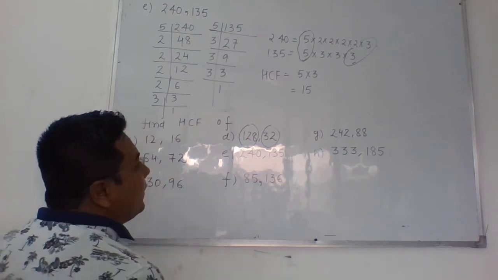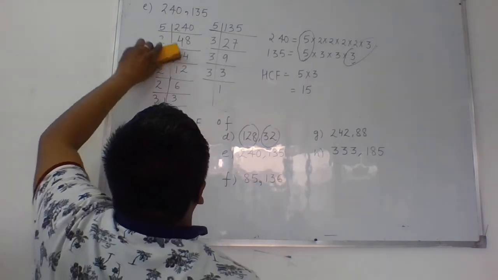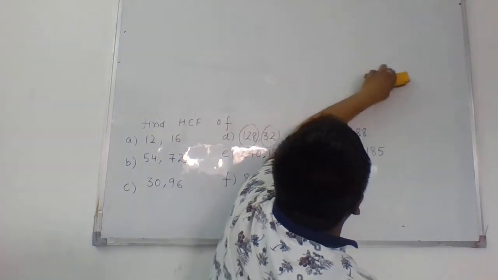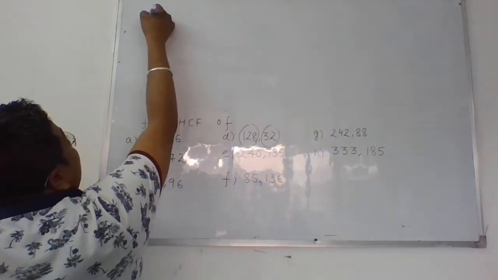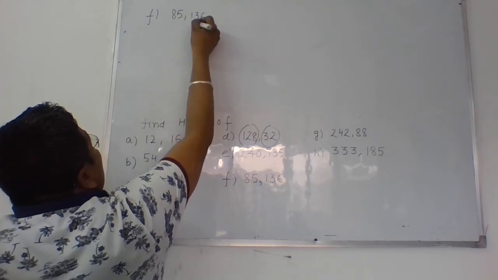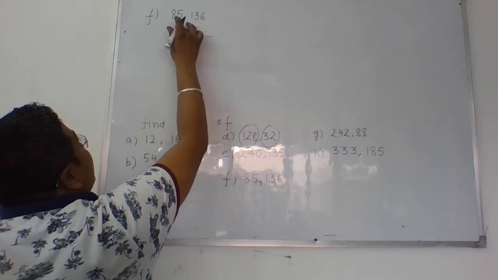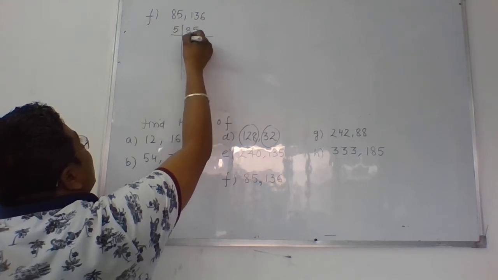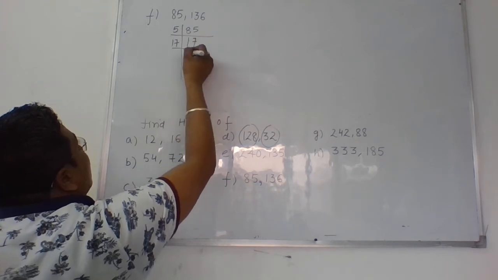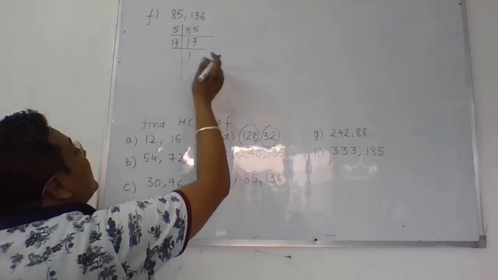Students, moving on to our next question, that is finding HCF of 85 and 136. So doing the prime factorization of 85, we divide by 5, so we get 17, and 17 is a prime number, so it is divisible by 17 only.